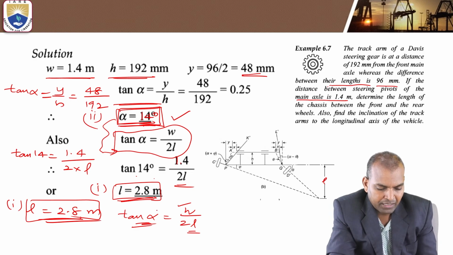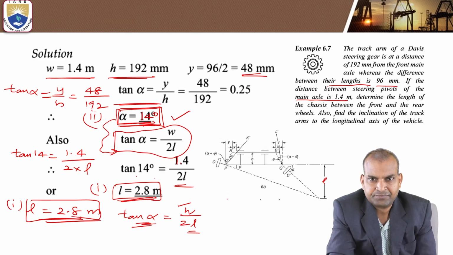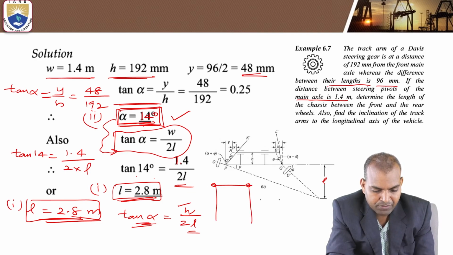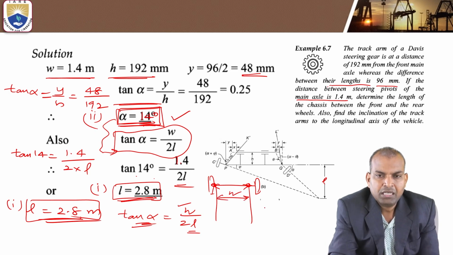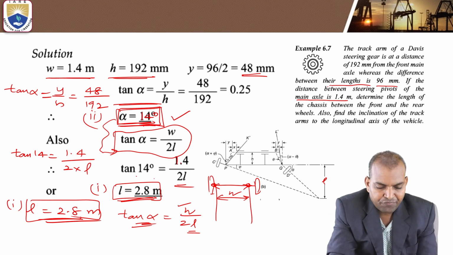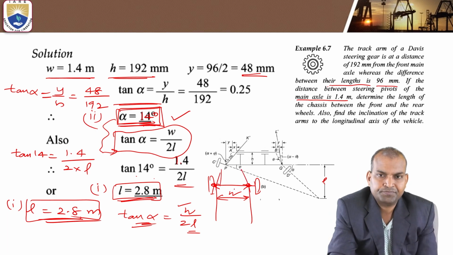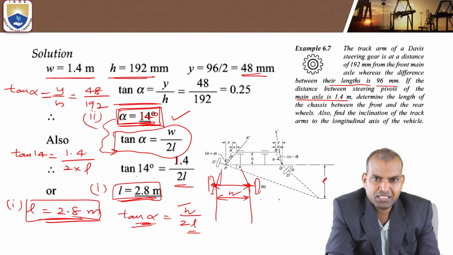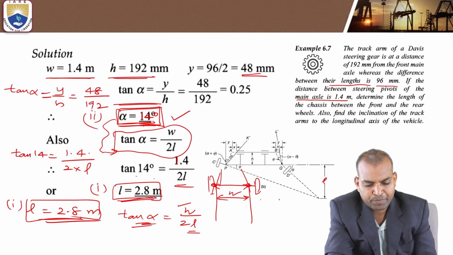So when W, the width between the two front wheels, is increasing, the angle of inclination will be increased, because the relationship shows that it is proportional to the distance between two pivots of the front wheels.